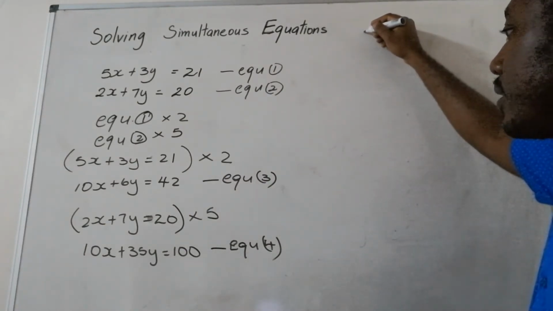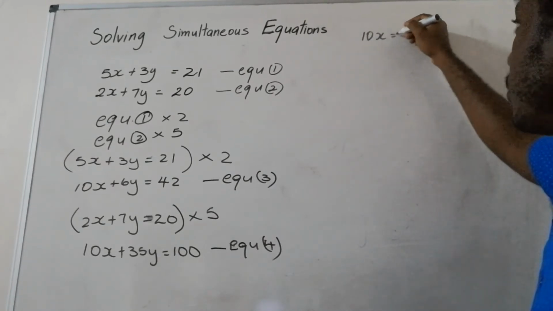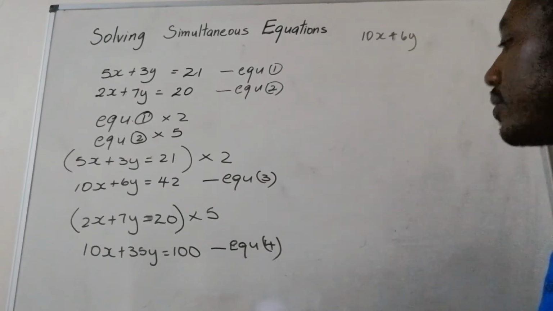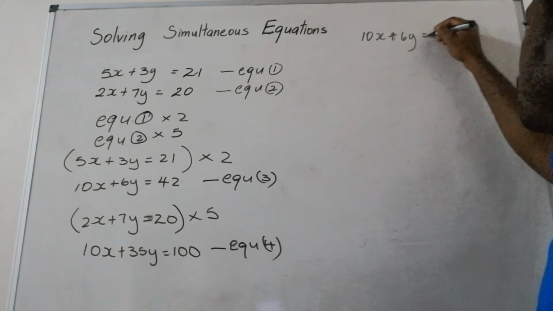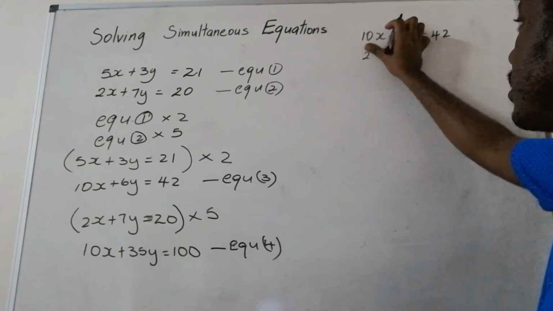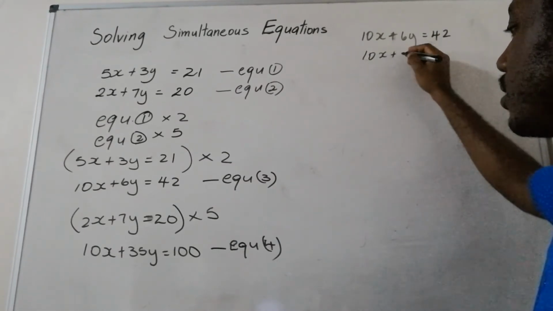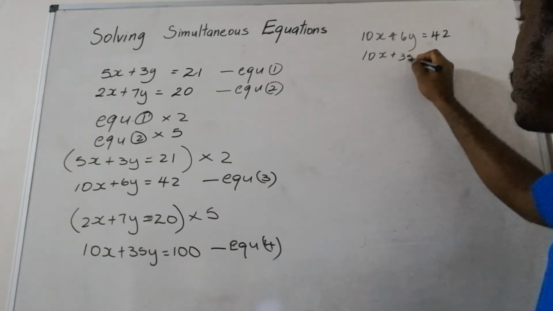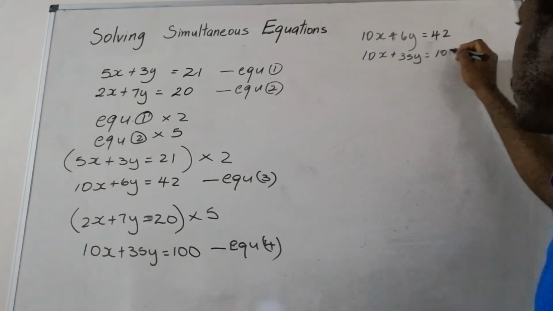So 10x plus 6y is equal to 42, and 10x plus 35y is equal to 100.